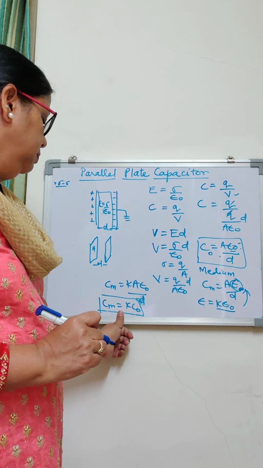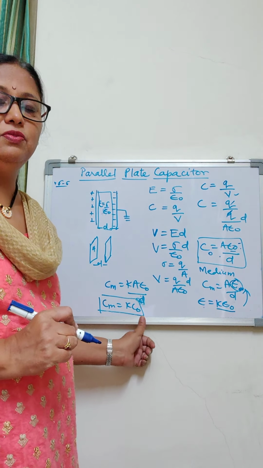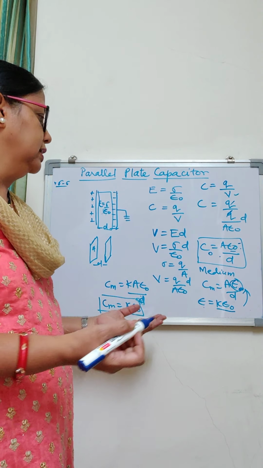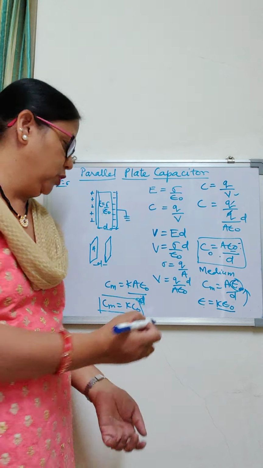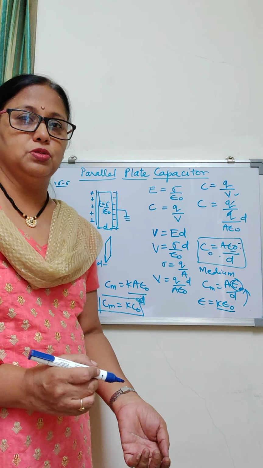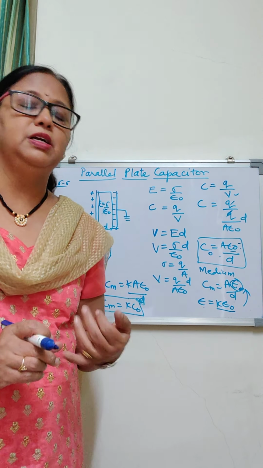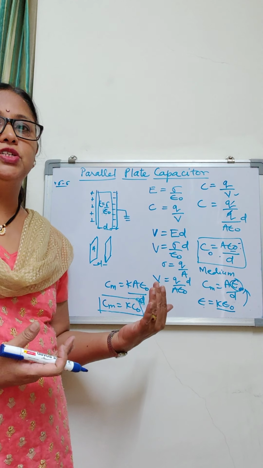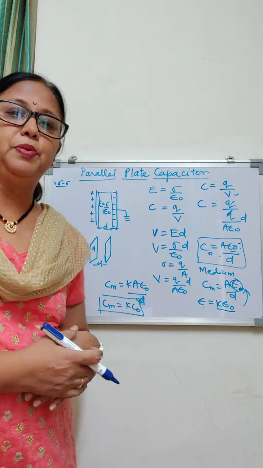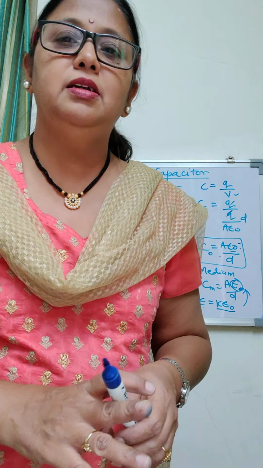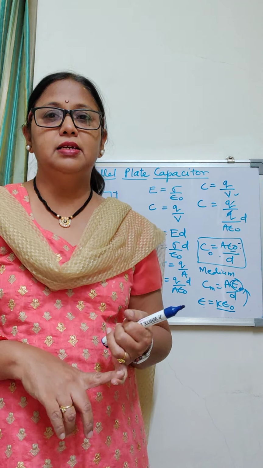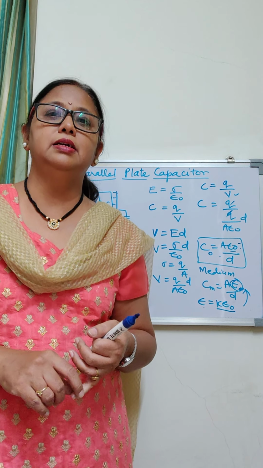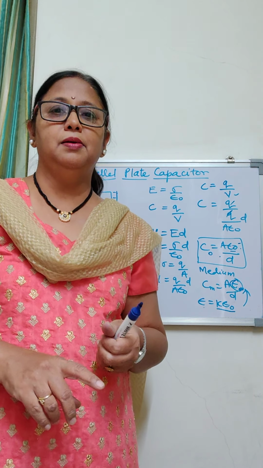So C with medium is K times C without medium. Capacity can be increased 5 times, 10 times, 20 times depending upon the medium chosen. If we choose a proper medium, we can store more charge. So the capacitance of a parallel plate capacitor depends first on the area of the plates, second on the distance between the plates, and third on the medium between the plates.